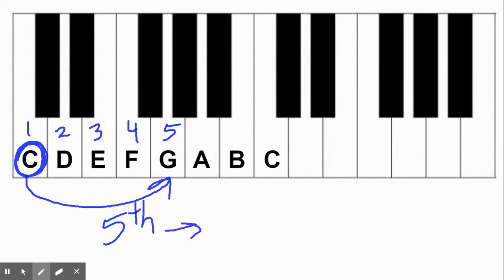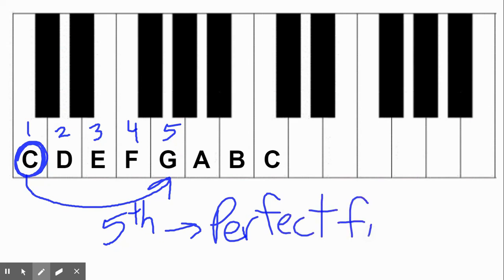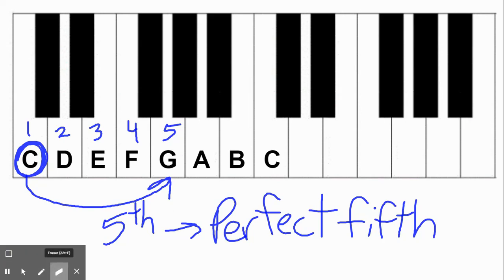It is called a perfect fifth. The word perfect goes back in history to the church, and I'm not going to give a history lesson on that right now, but just know fifths are perfect.